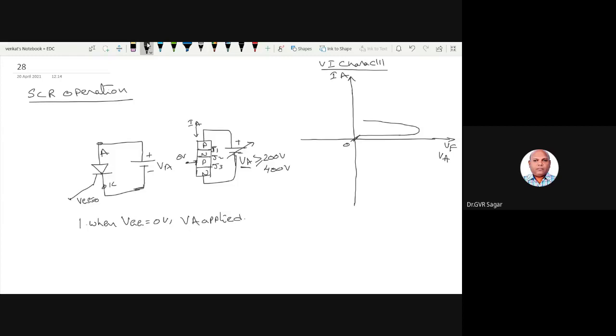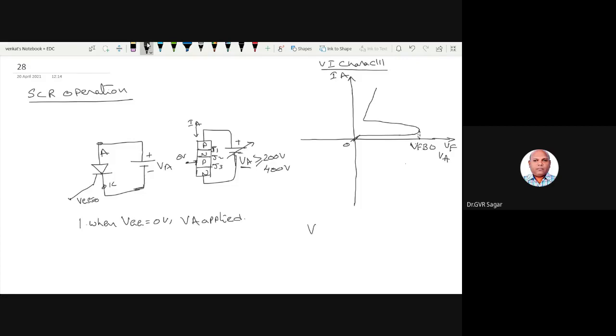The applied voltage automatically comes down, and the current increases further. At what voltage does this happen? This is called VFBO, the forward breakover voltage.